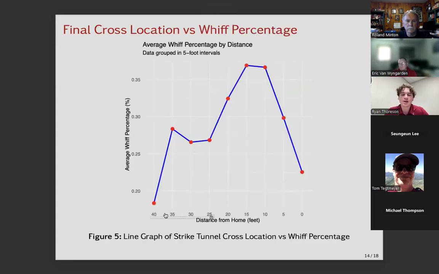So this is a line graph of the distance from home plate at which a pitch crosses into the strike tunnel or out of the tunnel, and the associated average whiff percentage based on all of those pitches. We can see generally, as the pitch crosses farther away from home plate, it's lower, but as it gets closer, it slowly increases until about 15 feet is the peak, which is over a 35% whiff rate, and that's on all types of pitches.